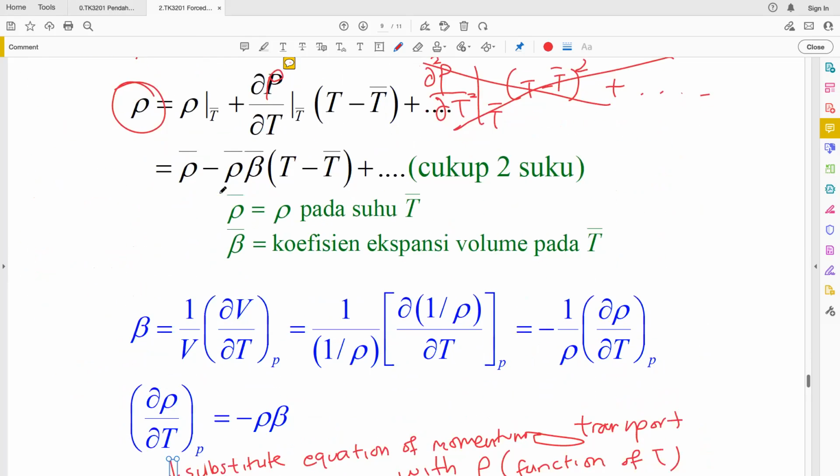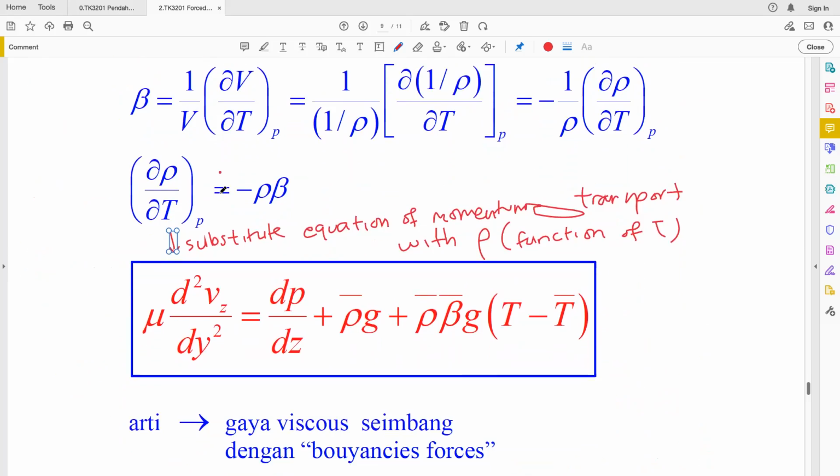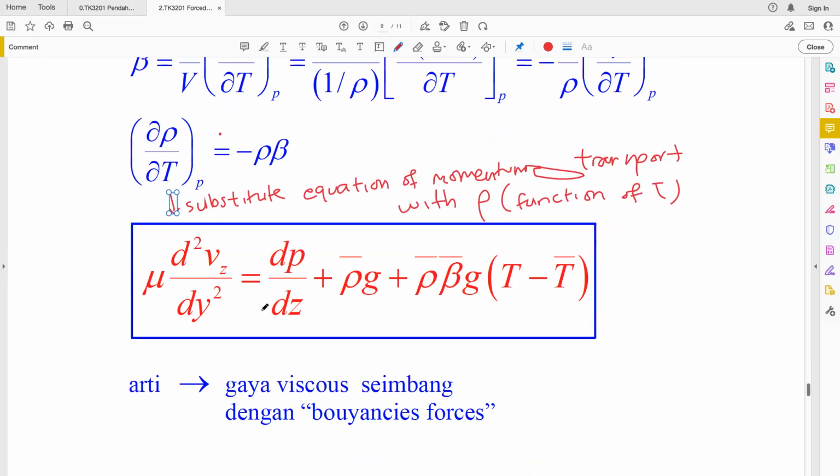Okay, so what happens is now if we substitute, it looks like this, and this one is called the buoyancy forces, or gaya viscous. So this is actually a viscous force, and this is called buoyancy forces.